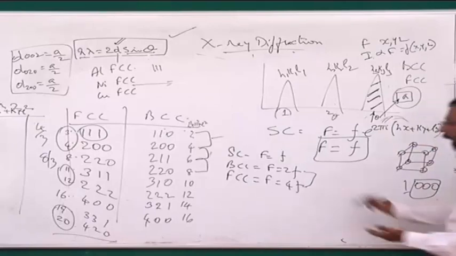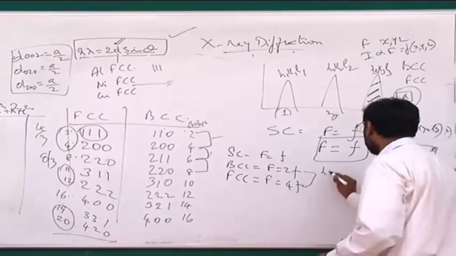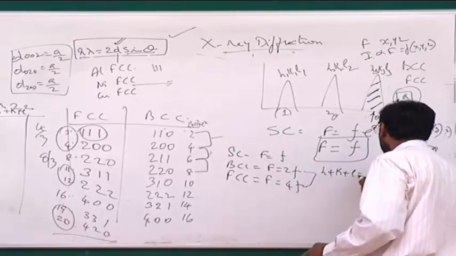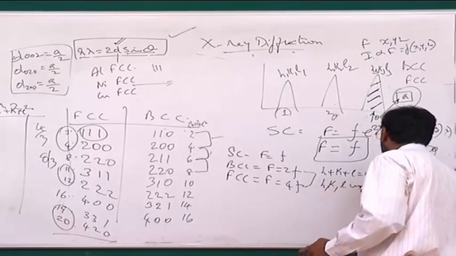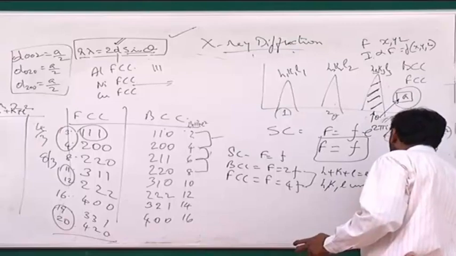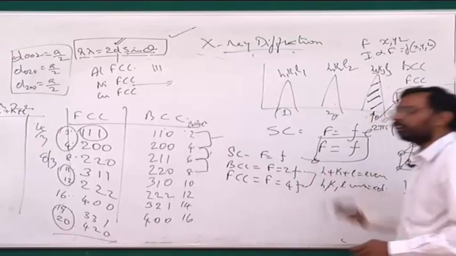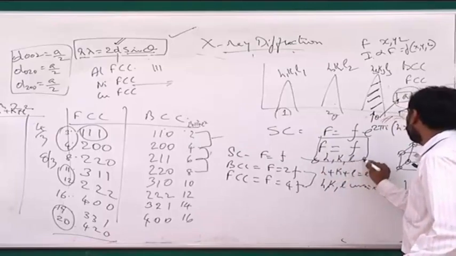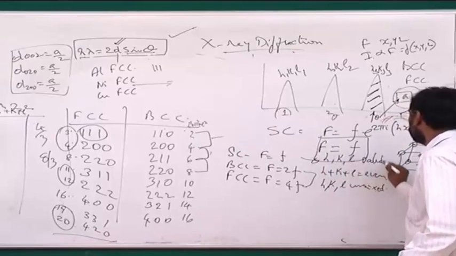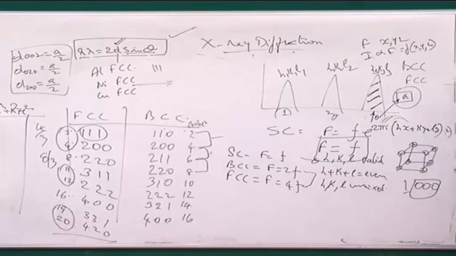In a BCC we said h plus k plus l should be even. We said for FCC, hkl should be unmixed. For simple cubic there is no such condition. All HKLs are valid. That means you will get peaks from every HKL.